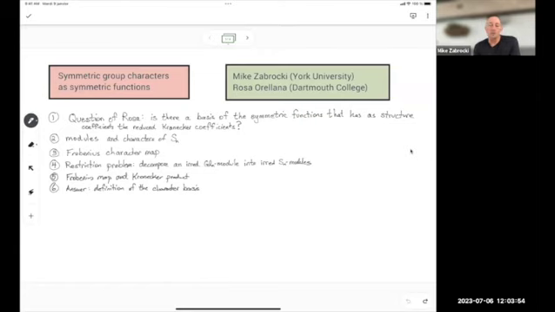What Rosa set up last time was a description of GLN modules and GLN characters, and I'm going to say how we apply the representation theory of the symmetric group in order to decompose a GLN module as a symmetric group module.